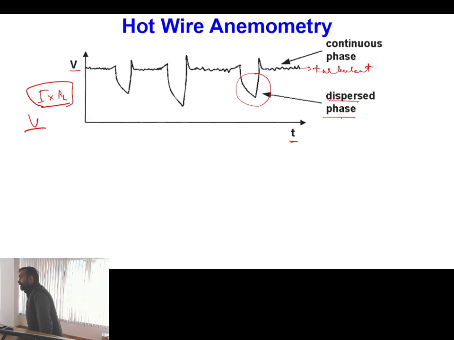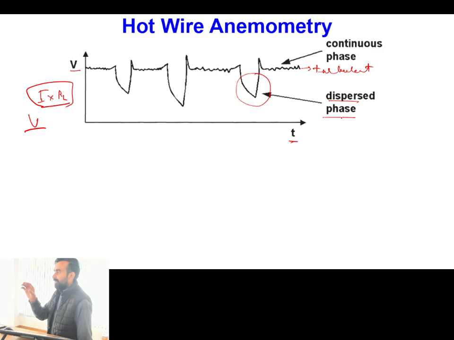Say you have a liquid and in the liquid a gas bubble is flowing. If the gas bubble is wrapping the hot wire, the rate of heat transfer will decrease. Once the rate of heat transfer decreases, the temperature of the probe will try to increase if you maintain the current at the same level.